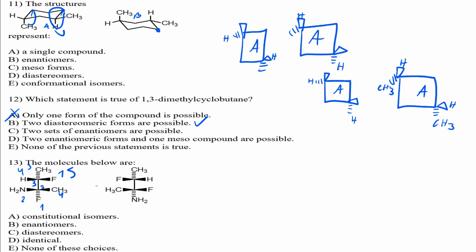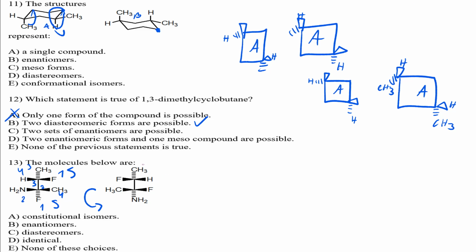And I don't care if it's hydrogen, I just care about my lowest priority group. And so yeah, we're going 1, 2, 3, but I'm going to have to reverse it. Instead of going that way, I'm going to have to go this way. So that is counterclockwise. So that's SS, right?